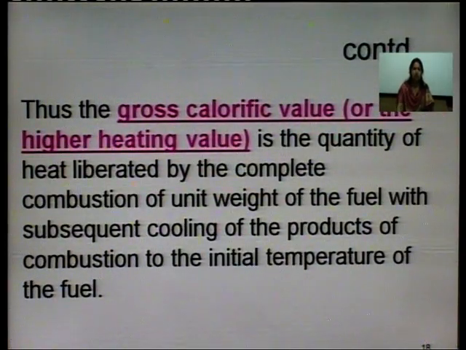Thus, the gross calorific value, or the higher heating value, is the quantity of heat liberated by the complete combustion of unit weight of fuel with subsequent cooling of the products of combustion to the initial temperature of the fuel.